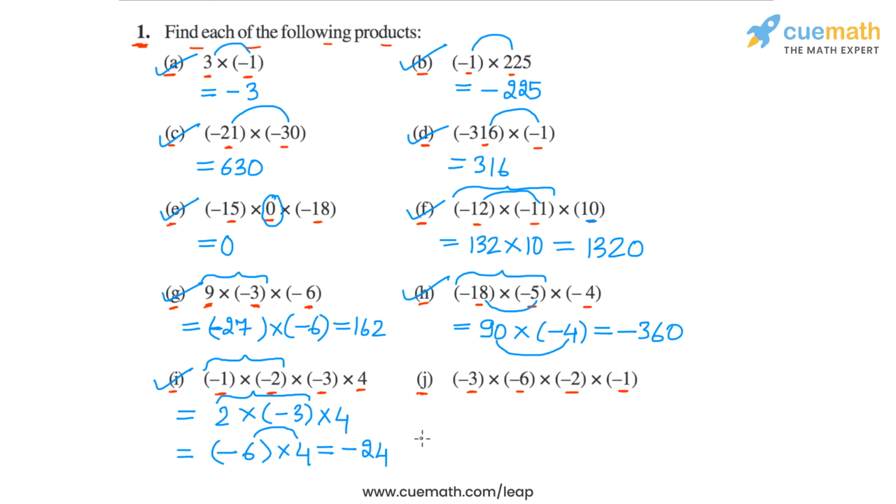The magnitude of the product will be 3 into 6, which is 18, 18 into 2, which is 36, 36 into 1, which is 36. So the product will simply be 36 with a positive sign. You can directly calculate the product in this manner as well. So that's the answer for part J, and with this we have completed question number 1.